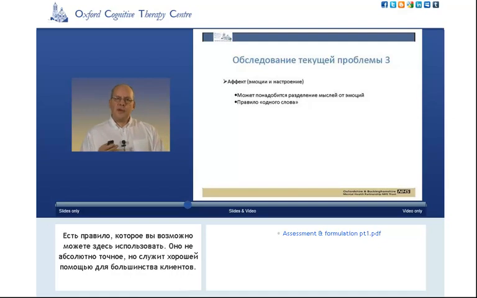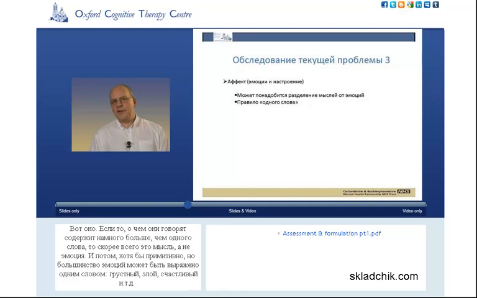There's a possible rule of thumb that you can use here that is not absolutely accurate but serves as a useful guide for most clients, which is that if what they're talking about takes a lot more than one word, then it's probably a thought and not an emotion.